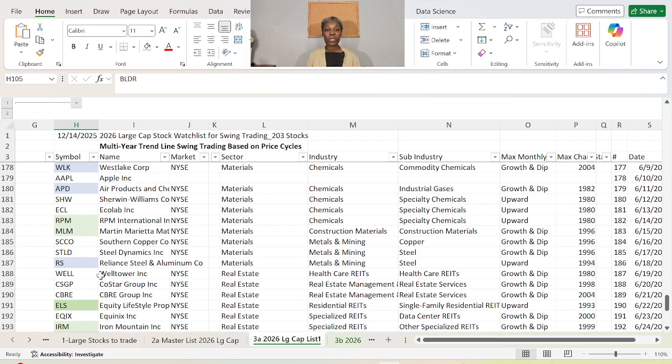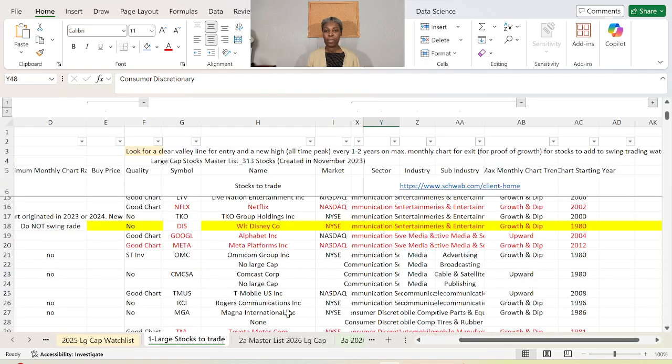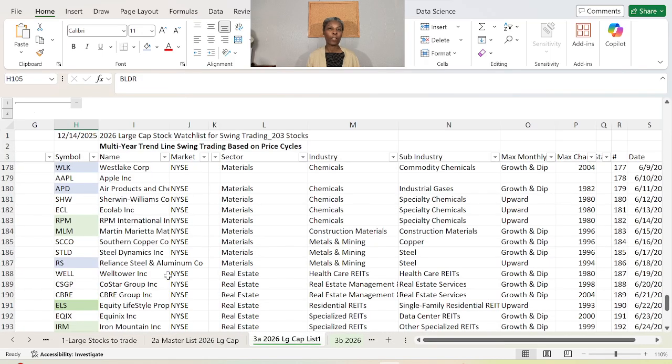So with this large list, which is almost my entire large cap master list, I may not have to update it again at the end of 2026. It might just be the list of stocks to swing trade from when it comes to large cap growth stocks.